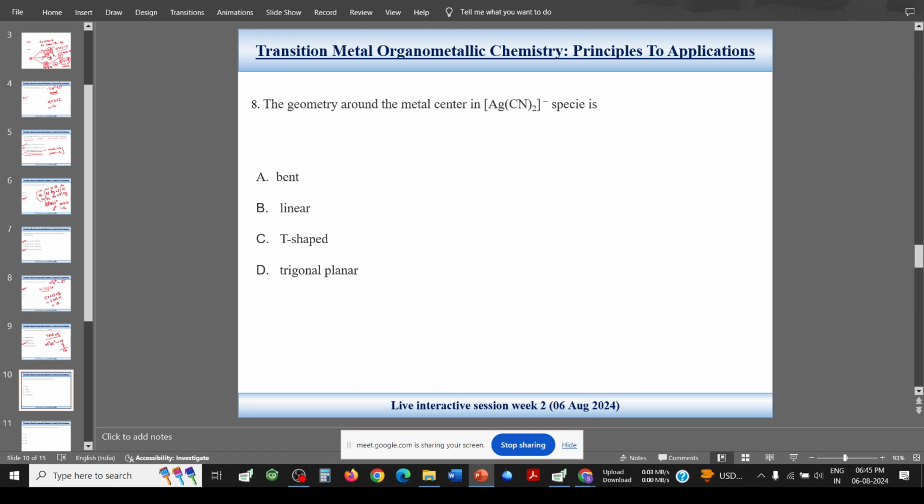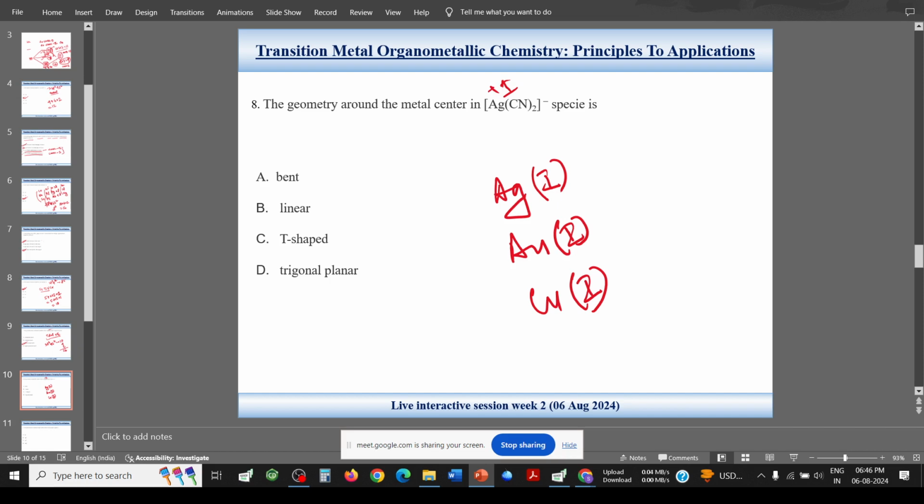No, actually for silver and gold complexes, when silver Ag and gold Au are in their plus 1 oxidation state, this is very general information, also for copper complexes in the plus 1 oxidation state. Here the oxidation state of silver is plus 1.